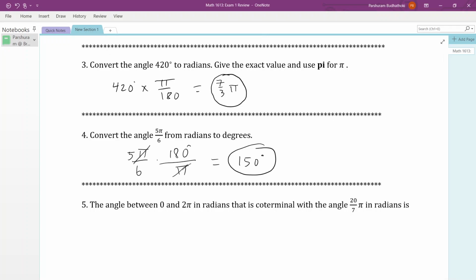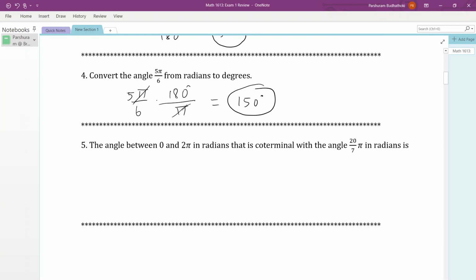Problem 5: the angle between 0 to 2 pi in radian that is coterminal with the angle 20 over 7 pi in radian is. So first of all, we have to understand the meaning of coterminal here. Coterminal means, let's say you have an angle theta. So let's try to draw angle theta.